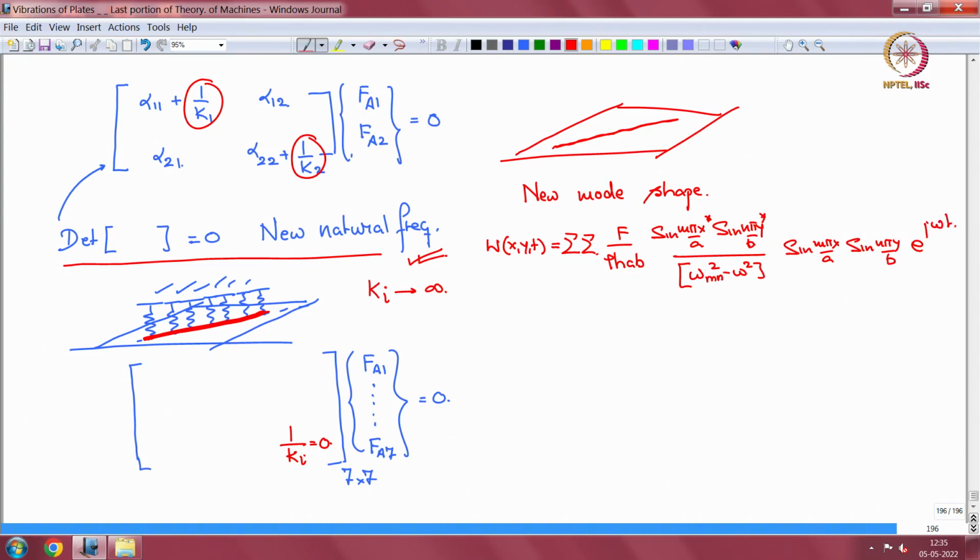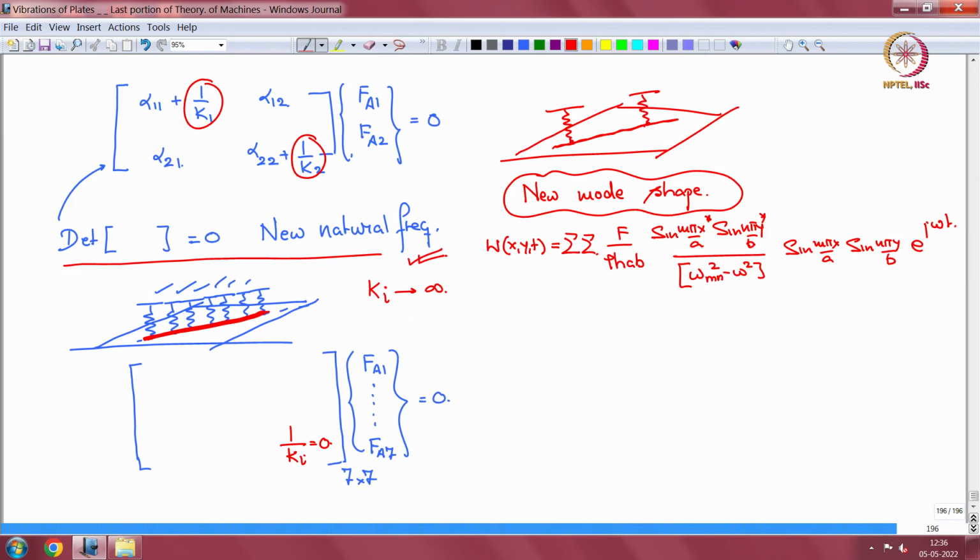Okay. So now how to find the mode shape? Let's say you have 3 springs or 2 springs, whatever. We started with 2 springs.